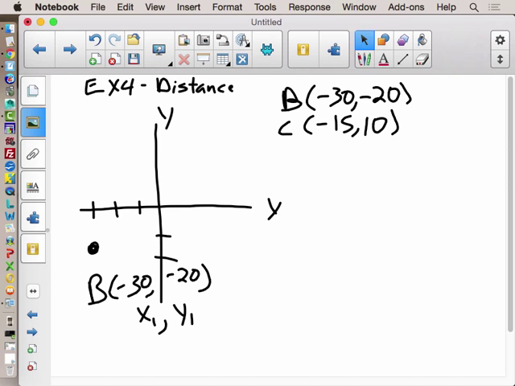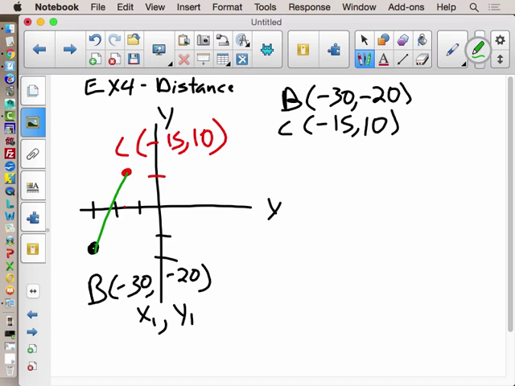And then for C, you're going to go -15, which is like in the middle, right here. And then you're going to go up 10, so it's like right here. And that's -15, comma, 10. And they're really asking us, what's the distance that you travel from there to there? Well, that's easy to find out. Oh, by the way, this is x sub 2, comma, y sub 2.